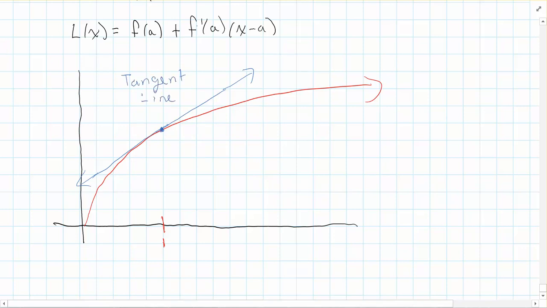Now, this isn't going to be to scale, I'm going to exaggerate here. We're trying to find the square root of 1.1, so I'm going to say 1.1 is right here. And if 1.1 is right there, this here is the exact value.